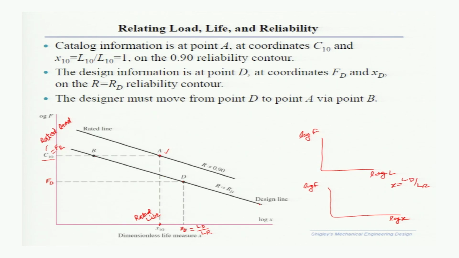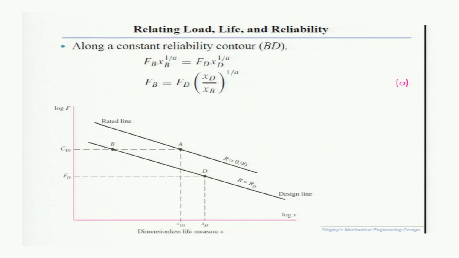Because for a fixed reliability, we have a relationship F L to the power 1 by A is equal to constant. Okay. So, along this BD line, the constant reliability line, we can apply this equation.